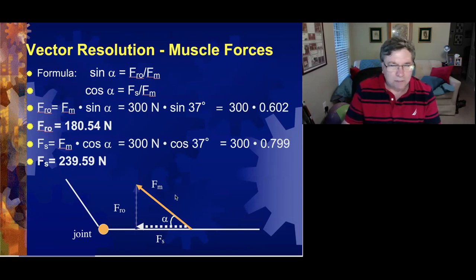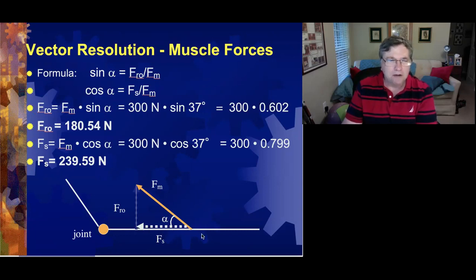So here's an example where we calculate the rotary, that's the part that produces torque, and the stabilized components of a muscle force. Let's say that we have a muscle force of 300 newtons. We can find the rotary force by multiplying 300 newtons times the sine of 37 degrees.